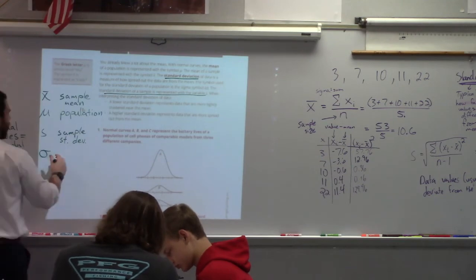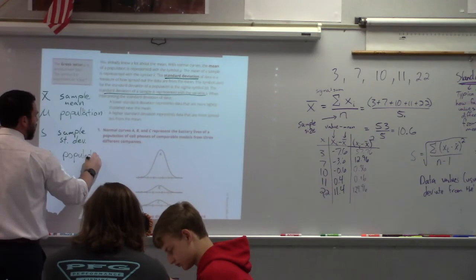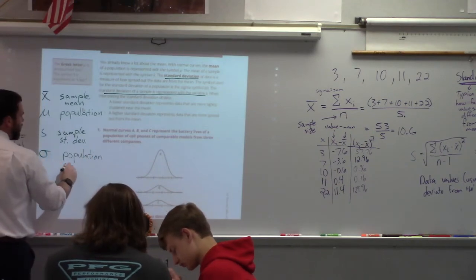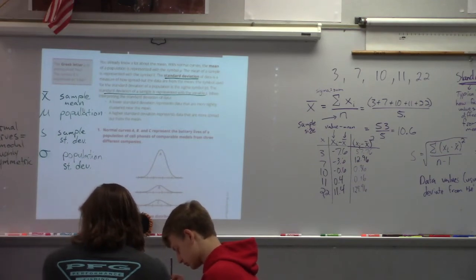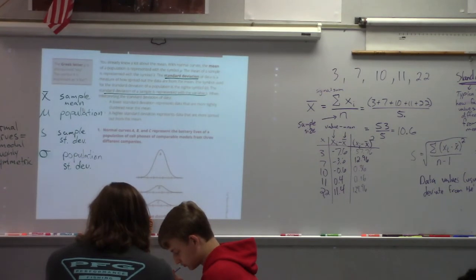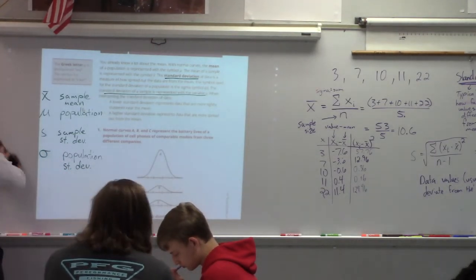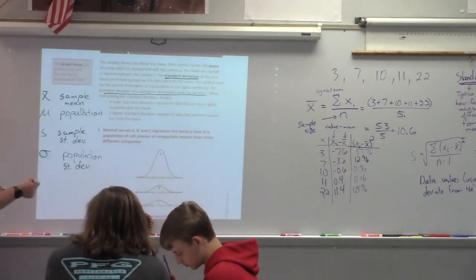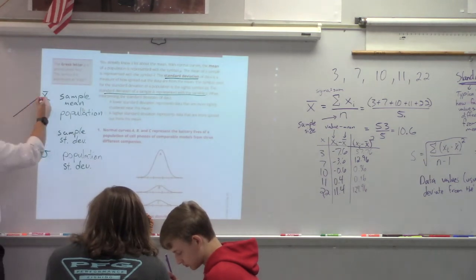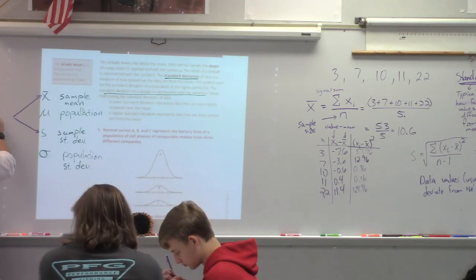Now, the reason why I am emphasizing this is because we talked about the difference between a parameter and a statistic last week, just briefly. Does anyone know which of these would be statistics? S might be. Not all of them are statistics, only 2 of them. What makes these 2 statistics? They're samples.